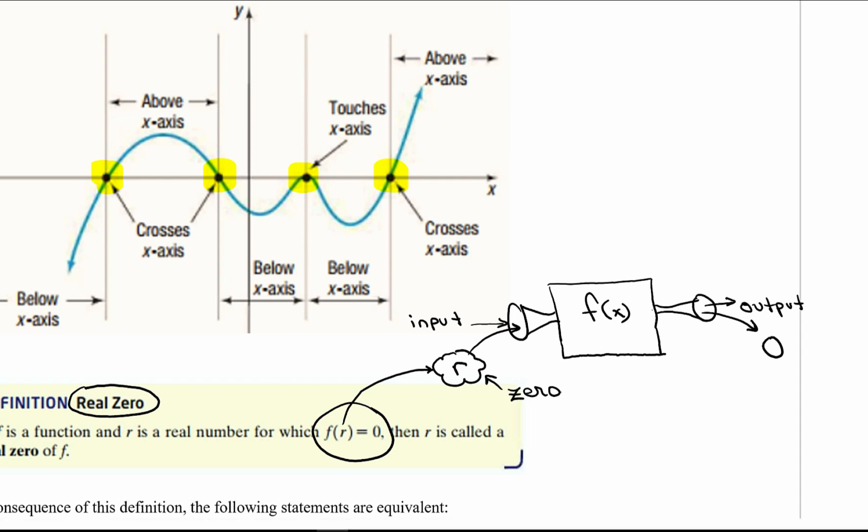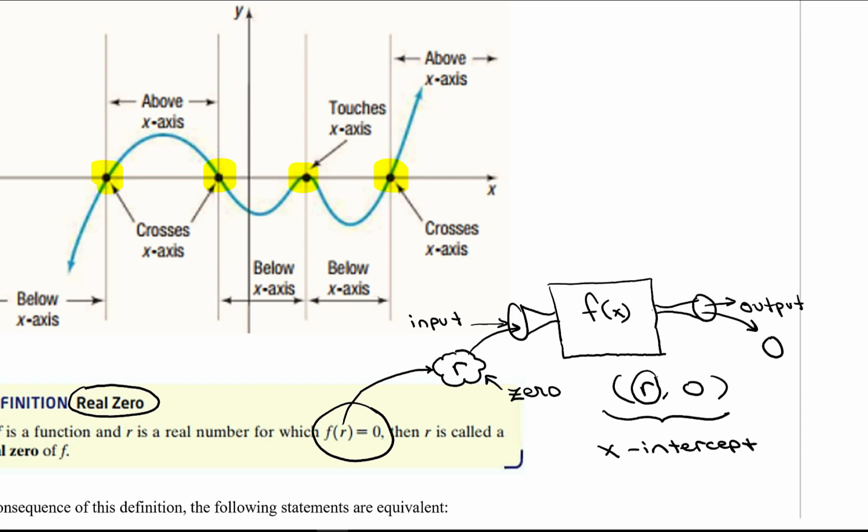So what we like to call, in algebra, those x values that produce y values of zeros, we like to call those values zeros. I know it sounds weird, but that's just what it is. So if I were to think of this as an ordered pair, this would basically be r comma 0. Anything where the y value is a 0 basically represents an x-intercept. So we're basically looking at the x-coordinate of the x-intercept, and that's going to represent our zeros.